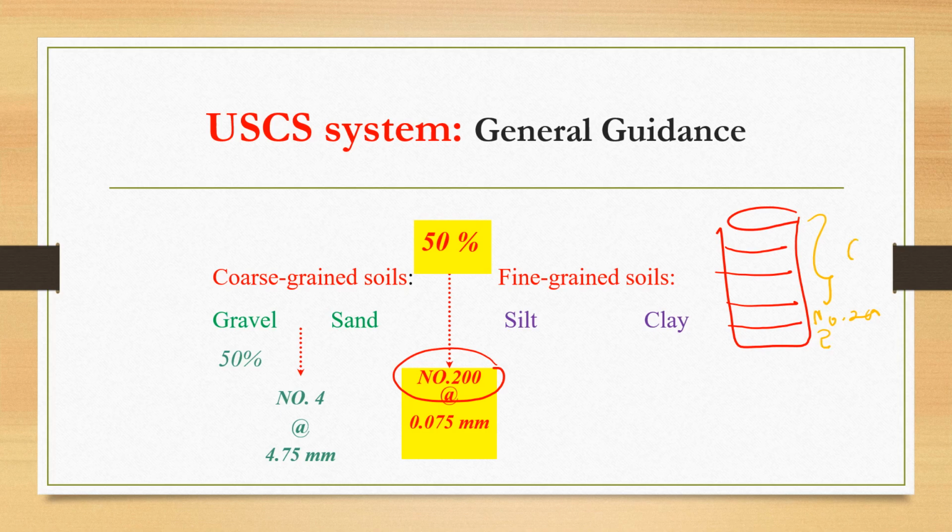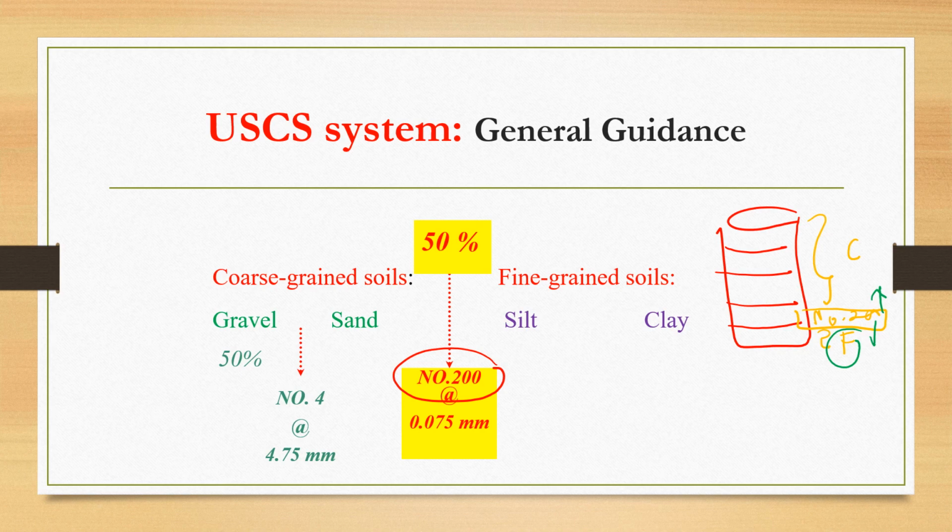So here is for coarse and this one is for fine. Anything that is retained on sieve number 200 belongs to coarse grain soil. Anything that passes sieve number 200 belongs to fine grain soil. So that is the first thing that you need to know.